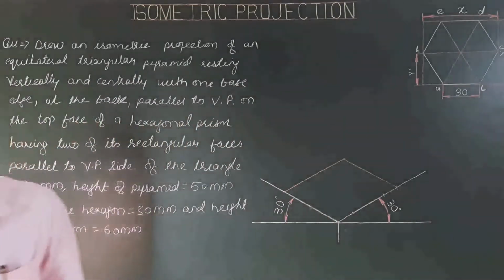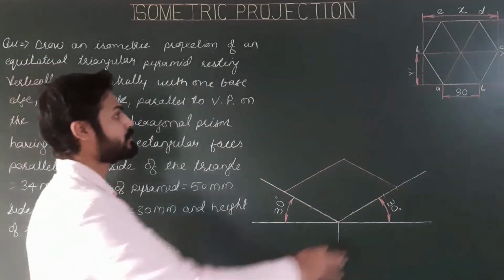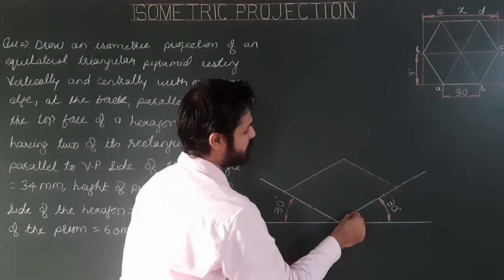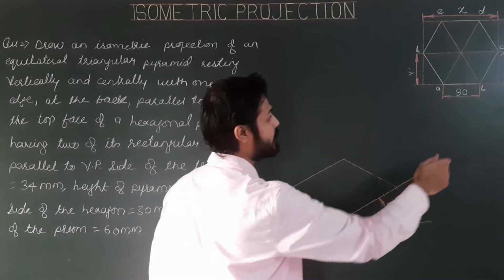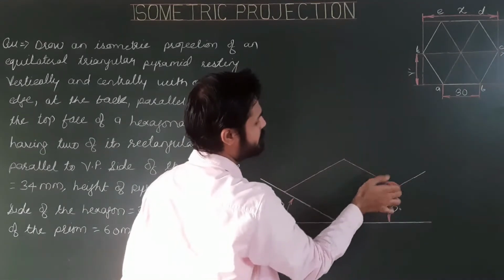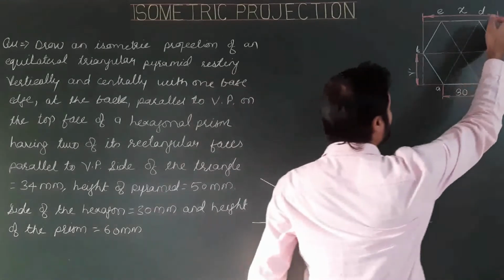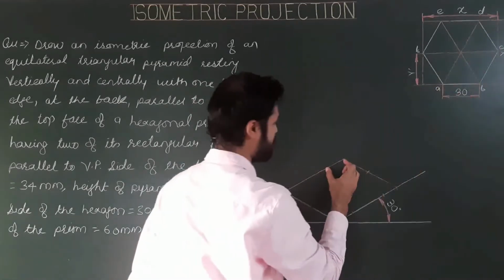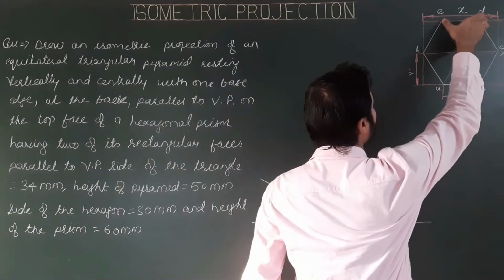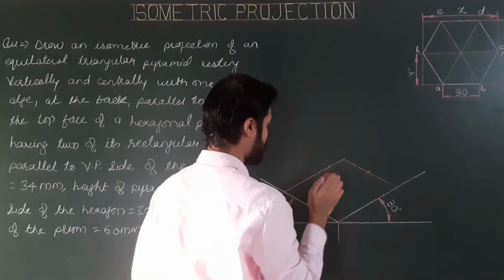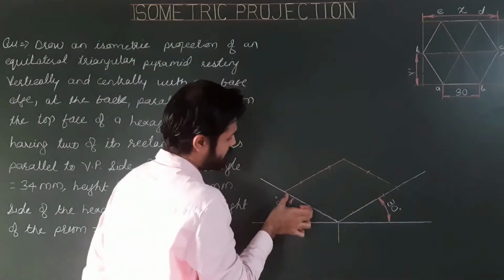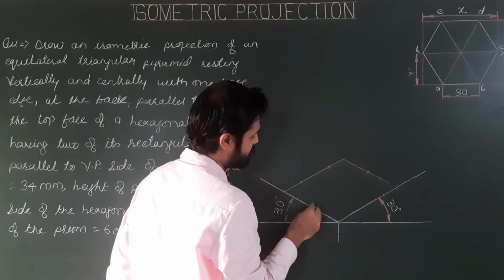Now marking all 6 corners of the hexagon in the helping box. So first corner A, second corner B, third corner, from the corner of the helping figure to C, this is the distance C. Then this is D, D to E, and corner to F, right.